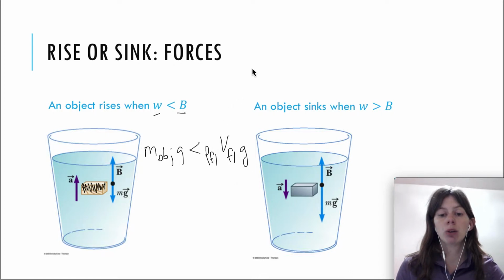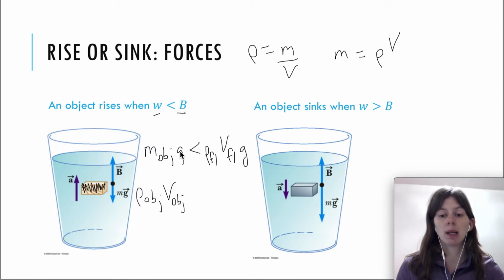Then we make our usual substitution with mass. Remember that density is mass over volume, so mass equals density times volume. So we can replace the mass of the object by the density of the object times the volume of the object.